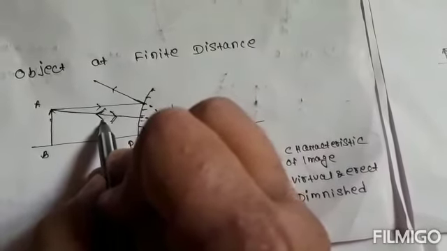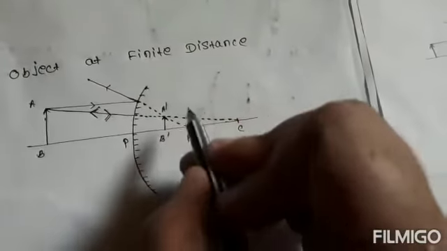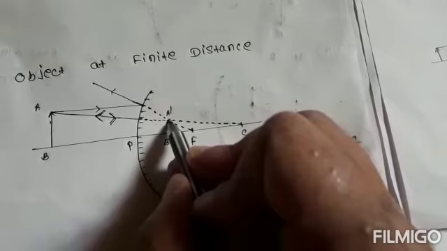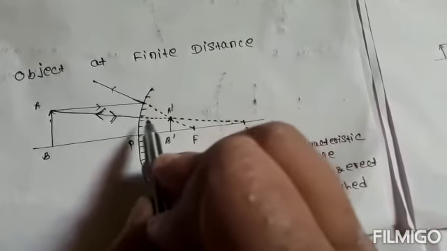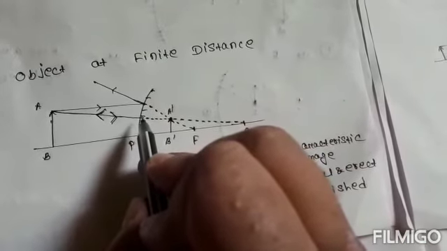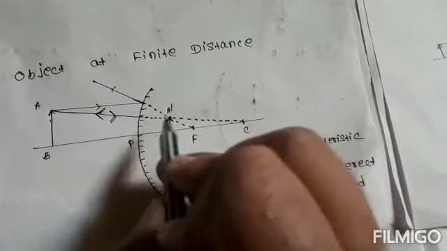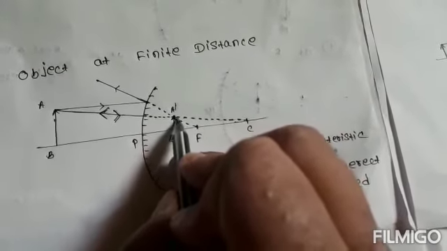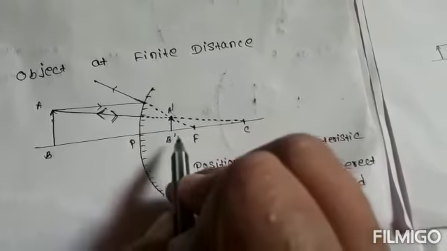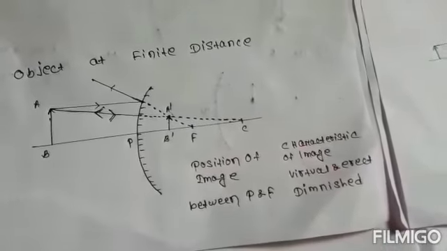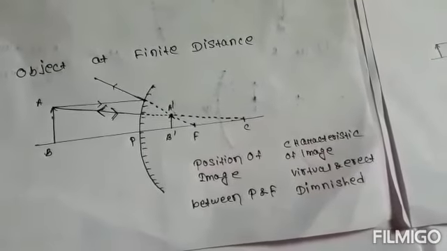Two rays do not actually meet, but if we extend the reflected rays like this, then two rays meet behind the mirror and the image is a virtual image due to imaginary meeting of reflected rays.